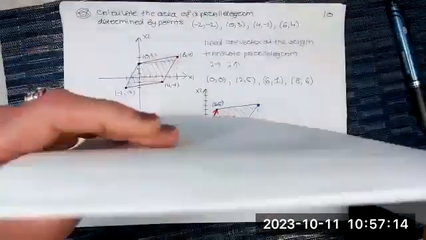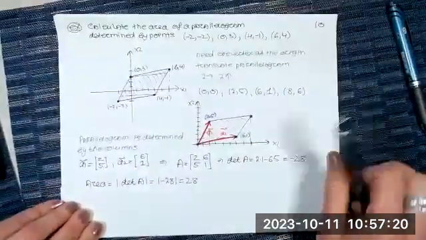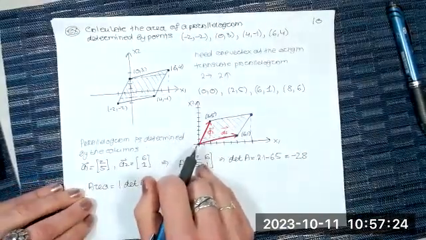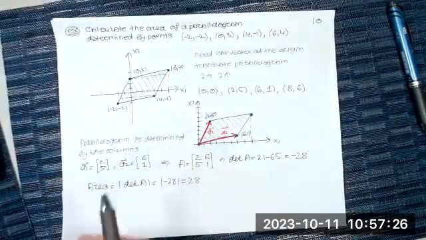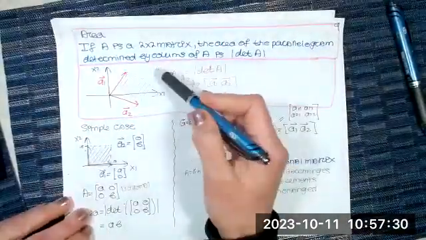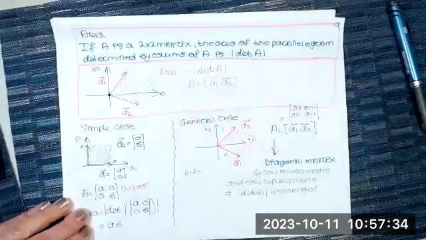Let's do one quick example before we stop. Also, be careful with this when you're computing your areas. When I'm working with determinants and vectors defining a parallelogram, my vectors start at the origin.